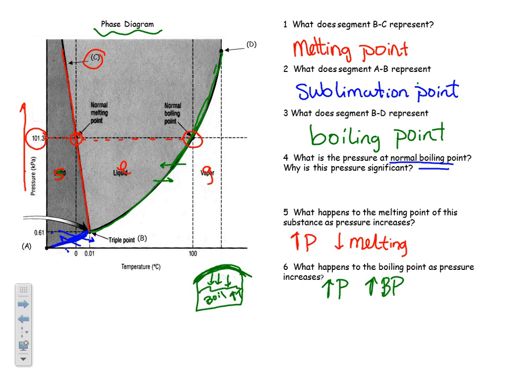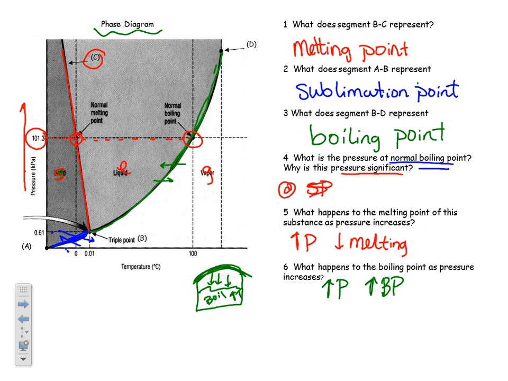So water can boil at higher or lower temperatures for many reasons, one of which is a change in atmospheric pressure, and you'll learn about another later if we add particles to that water. So what's significant about the normal boiling point is that it is measured at standard pressure, and that's what we call normal.